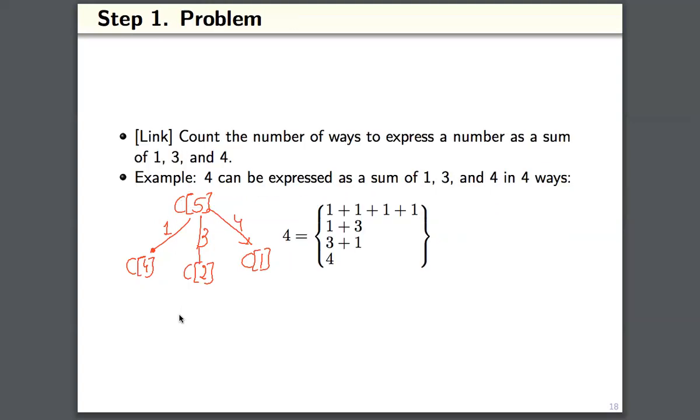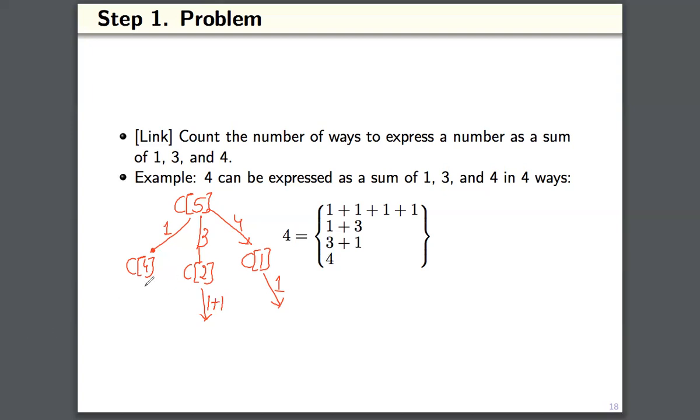Why is it 1? You have only one way. C of 1 means you're only using 1. Next, C of 2 is just 1, which is 1 plus 1. Next, what about C of 4?